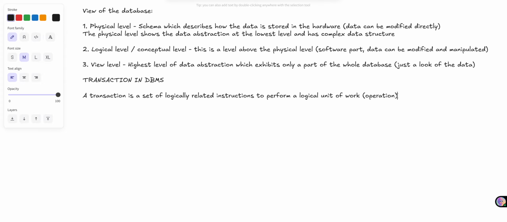Now, why do we do transactions? As I already told you, to maintain consistency. And how to ensure consistency?